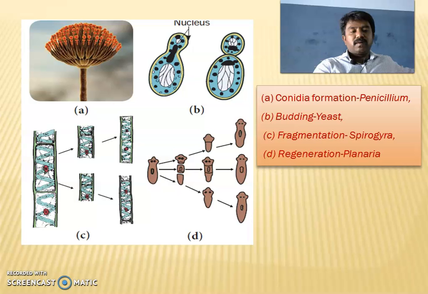Then Spirogyra. In Spirogyra, the mother organism splits into several pieces. Each piece can grow into a new organism. It is called fragmentation. Then Planaria.